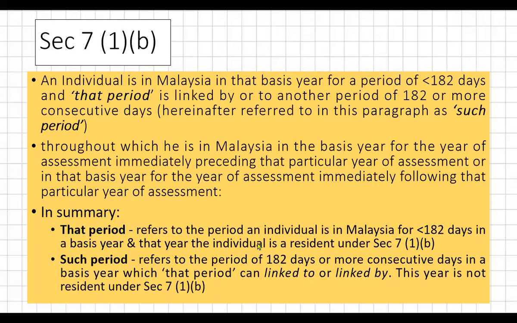So that period is in Malaysia for less than 182 days, under 7.1B. Such period refers to a period of 182 days or more. It means such period is a period when the person stays in Malaysia for more than 182 days. And the period we consider as such period can be several, and we can link to or link by. We will look at examples later.